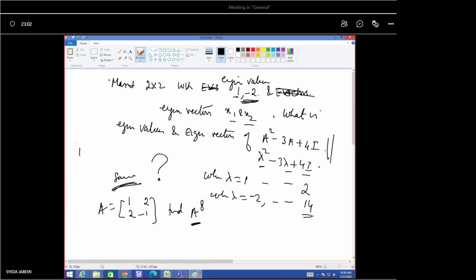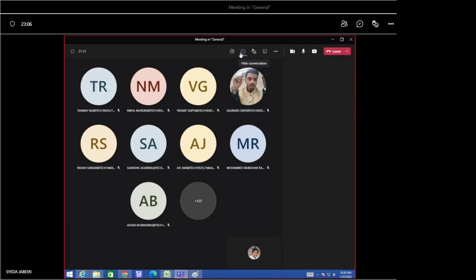Let me see. So this is one of the major applications of the theorem. It is easy to do the computation.